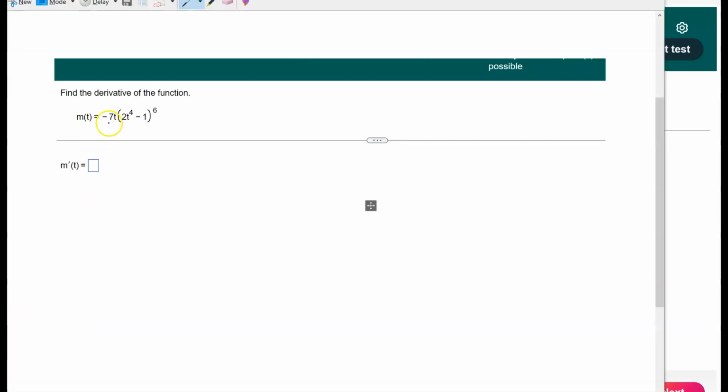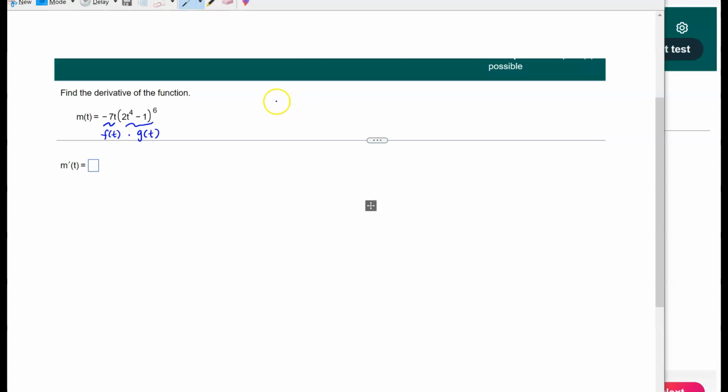Now, because there is a variable t here, you could think of this as a function. So for instance, this is your f of t, and this one would be another function, g of t. So these two functions are being multiplied together. So we're going to use the product rule.